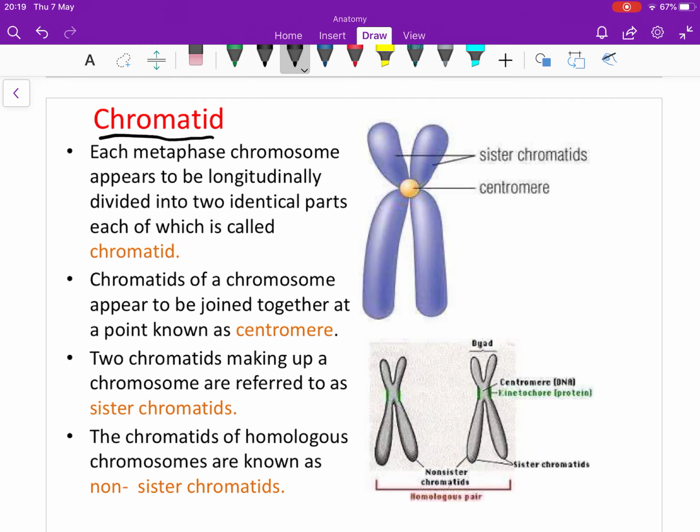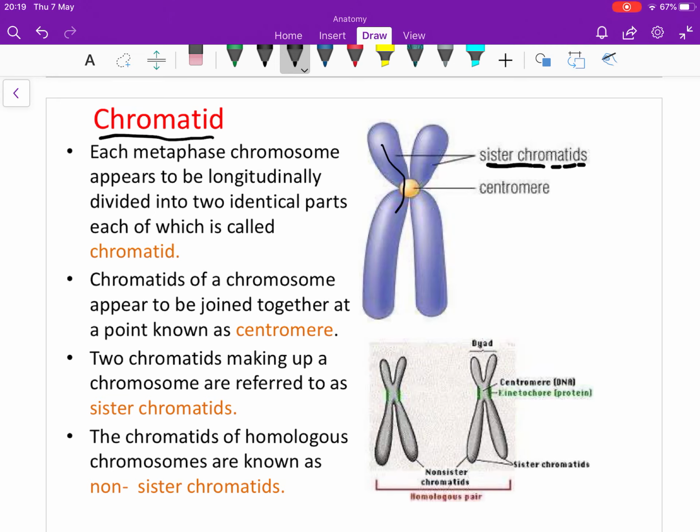The second part is chromatid. We all know in this chromosome there are two chromatids, known as sister chromatids.